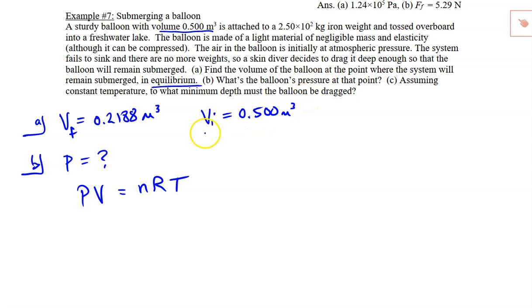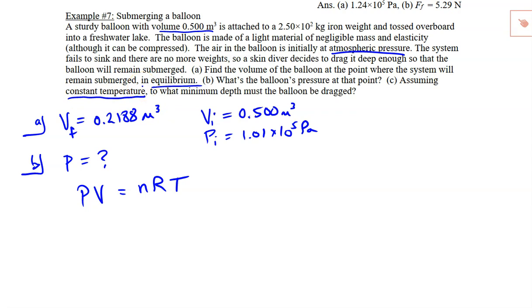We knew that initially the container was at atmospheric pressure, so the initial pressure was 1.01 times 10 to the power of 5 pascals. I bet we're making an assumption that the water doesn't change in temperature, otherwise I can't solve it. Oh yes, constant temperature.